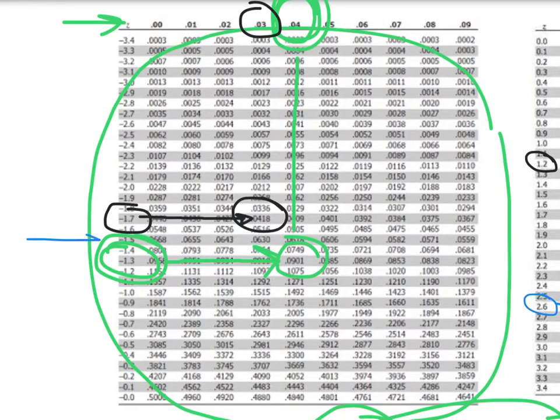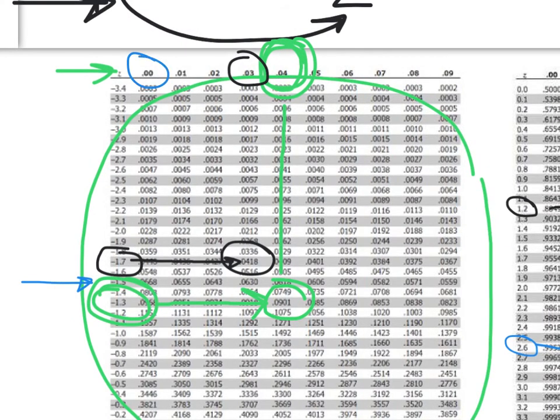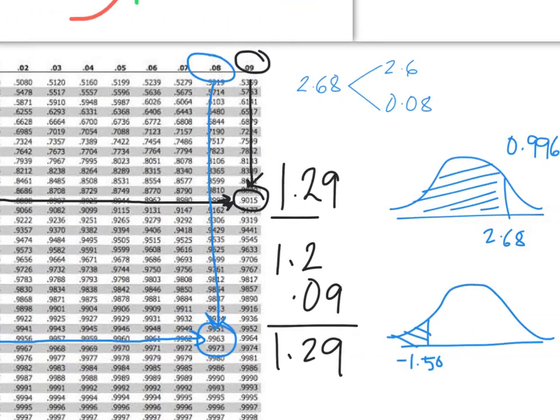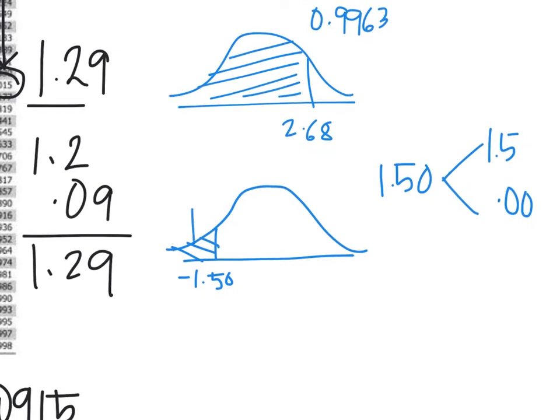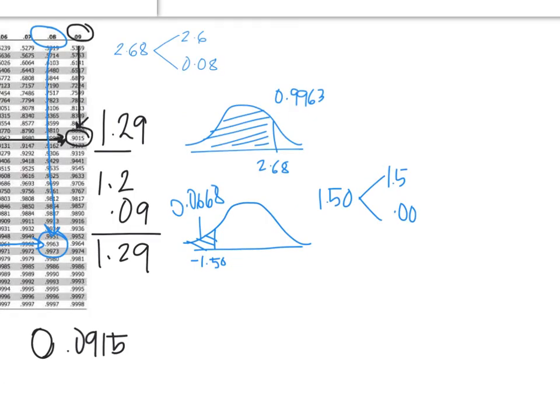Negative 1.5 is here, and then 0.00 is in the first column. So the first number that we have to consider is this number. So the area here is 0.0668.